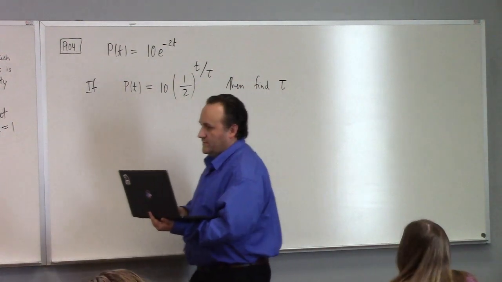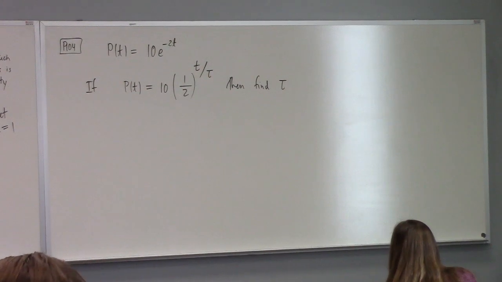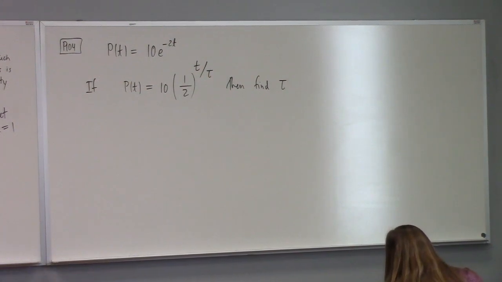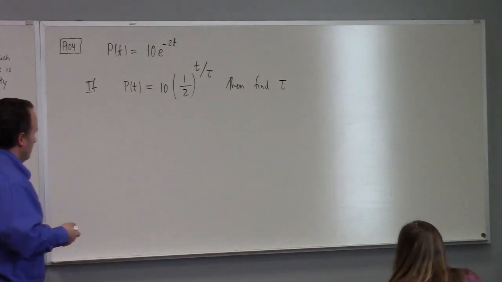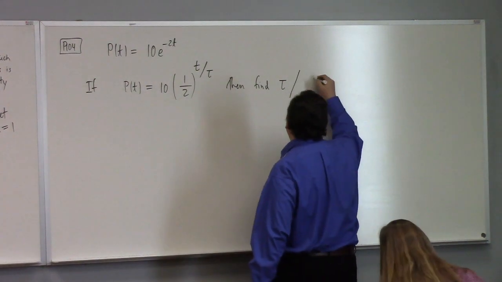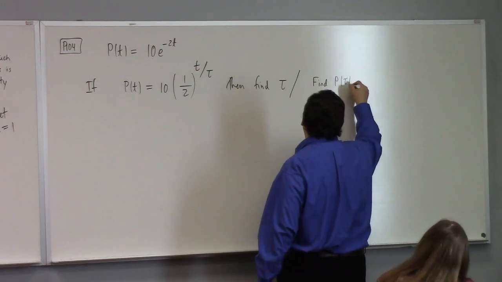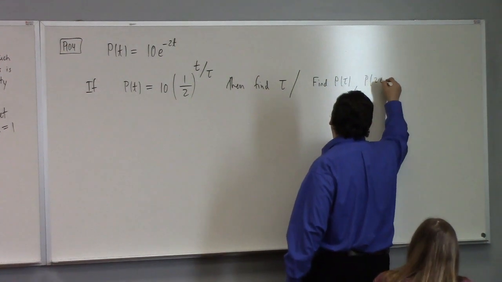All right, so this problem is about finding the half-life, if you will, or the halving time. And then you're supposed to find tau, and then I think it says find P of tau, P of 2 tau, right?